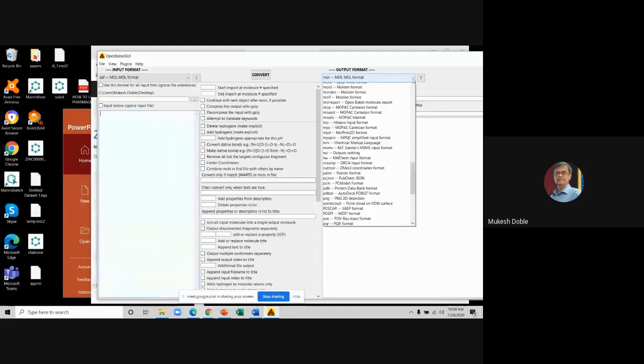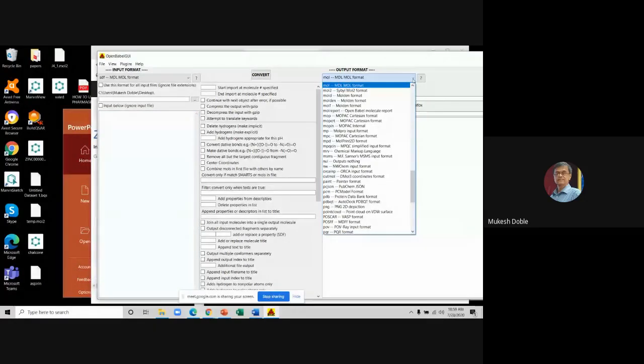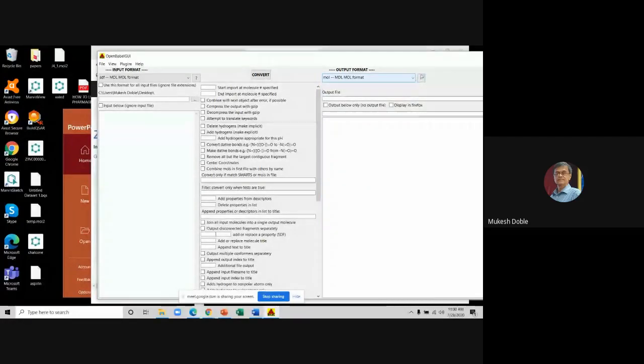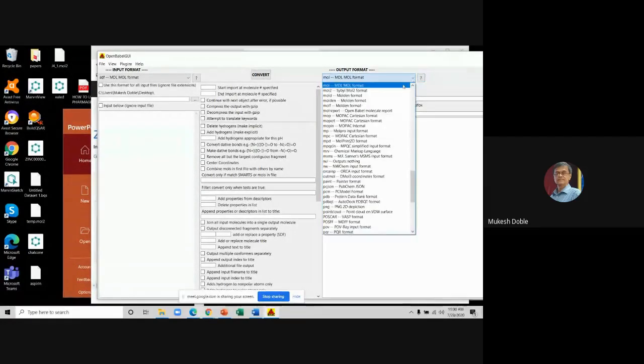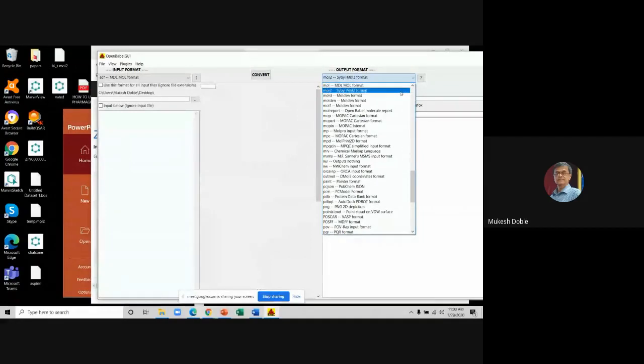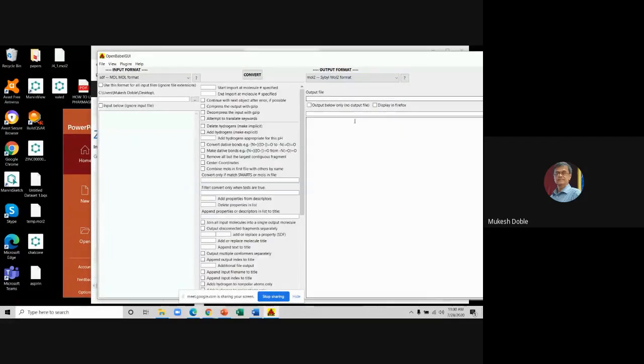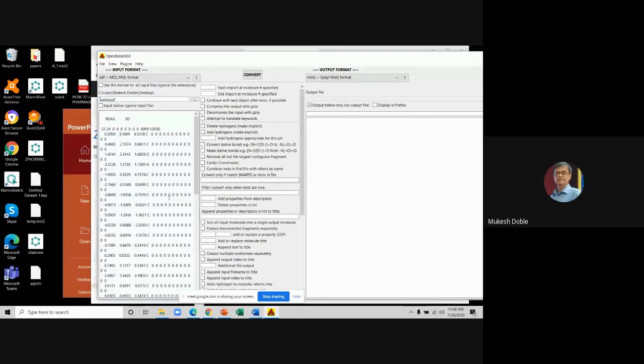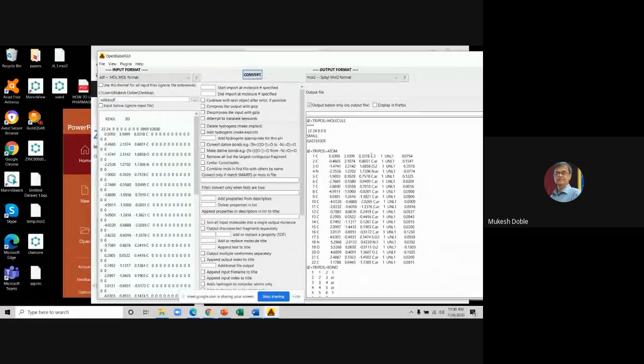Then I want to convert that into MOL2 format because Pharmagist just wants it in MOL2 format. As I said, OpenBabel does every conversion. So this is the MOL2 format. This is the ValidiCoxib SDF format. If I convert that, let us see this here.